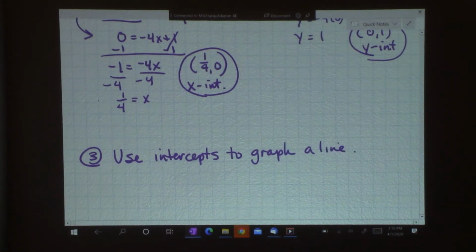Okay, and they tell us that the x-intercept is negative 3 and the y-intercept is 2.